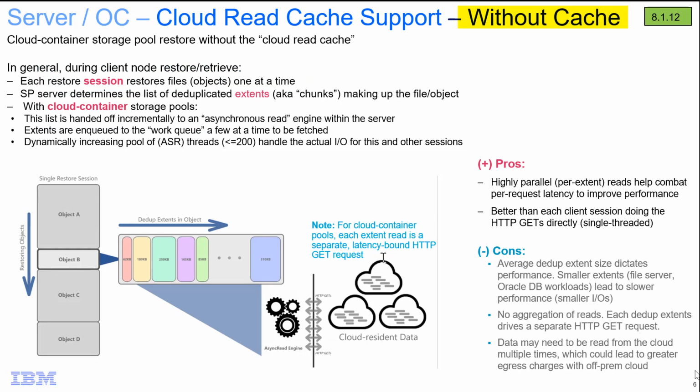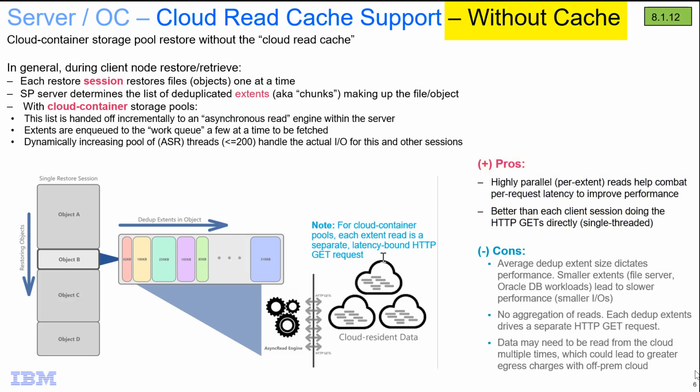Without the cache, basically we will bring back individual extents from the cloud and use those to do the restores directly. The pro of this is that we're just bringing back the needed data, those individual extents, and so we're not wasting any of the GETs that you might be charged for from a cloud provider.